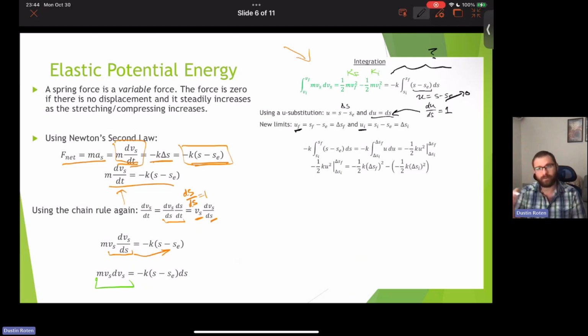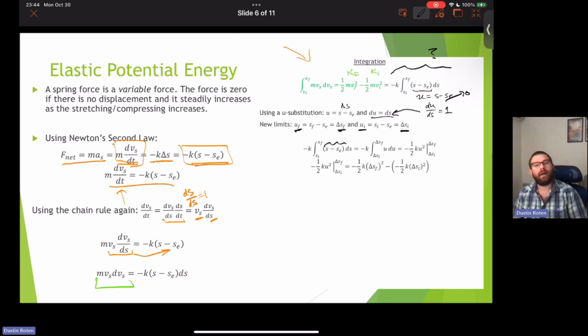And it turns out when we plug these in, u_i is the initial change, delta s_i, the initial length of the spring, and my final new limit is the final length of the spring. So it could have gone from stretched to compressed or compressed to stretched. Okay, so I can make these substitutions here.